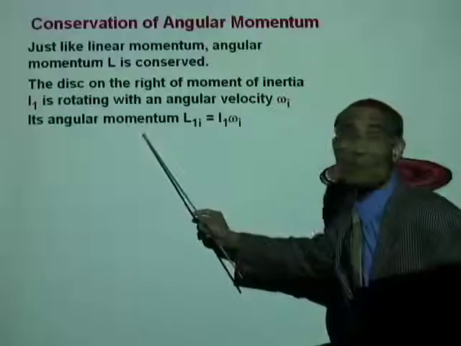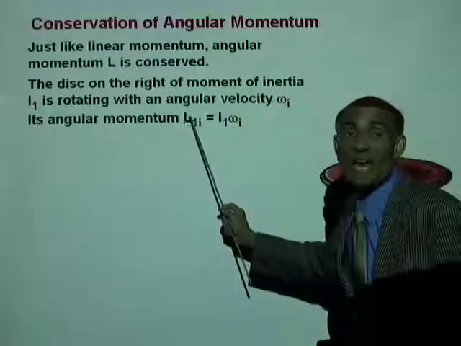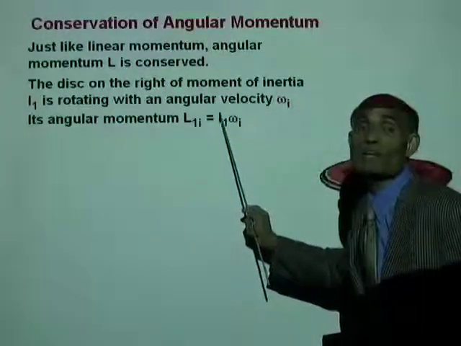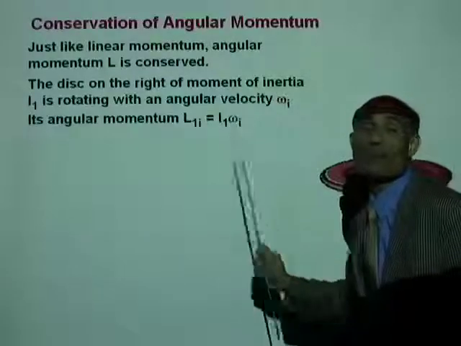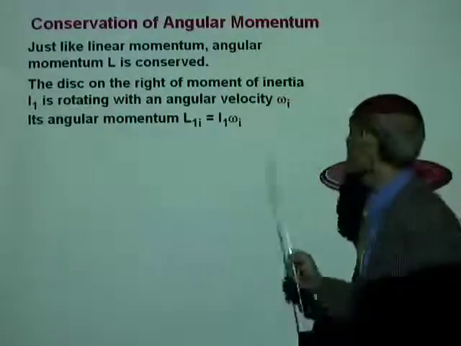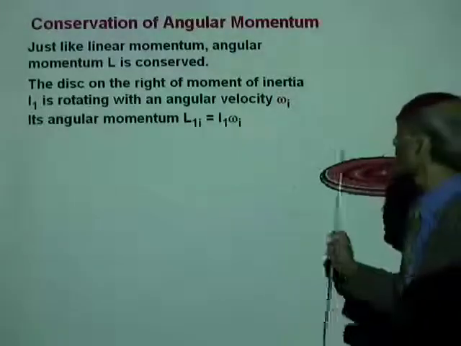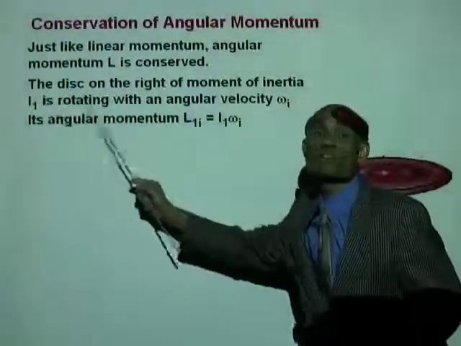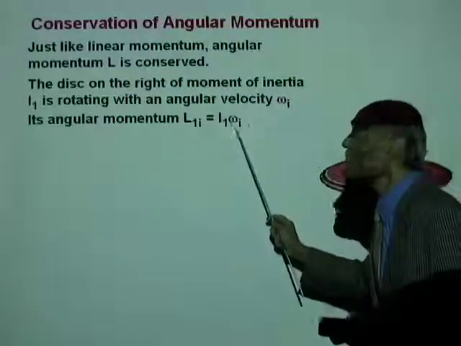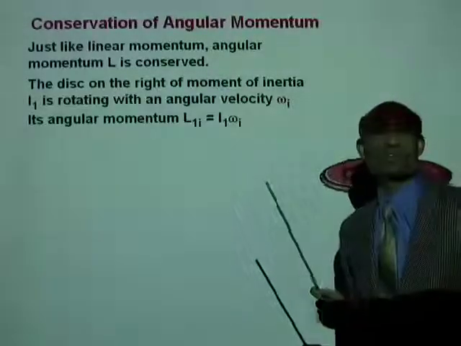Now its angular momentum is L1I equal to I1 omega I. Is that right? Its initial angular momentum at this time is its moment of inertia I1 times its initial angular velocity.